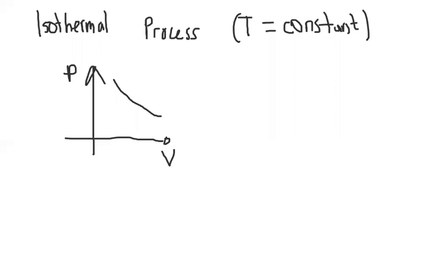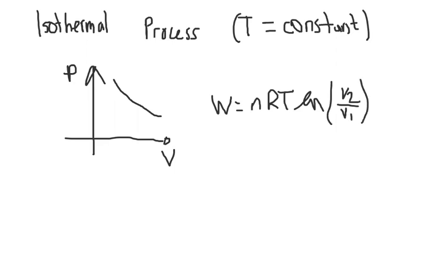The isothermal process is the one where the temperature is constant, and it looks like this in the PV diagram, which is an isotherm. And the work here is going to be equal to nRT natural logarithm of the final volume over the initial volume. Now, this is by doing an integration with an ideal gas.